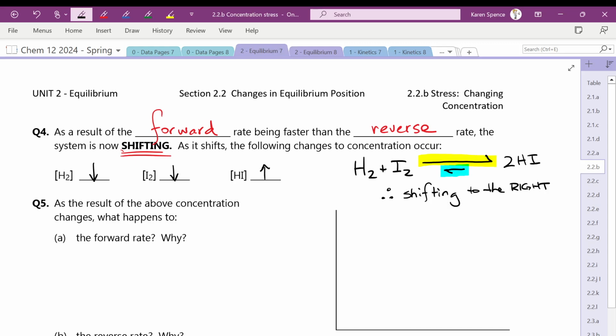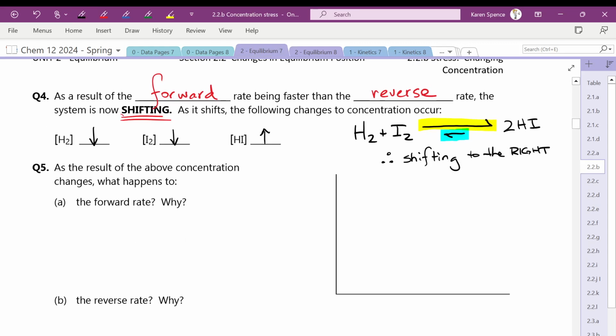Now, as the H2 goes down and the I2 goes down, what happens to the forward rate and why? Tell your partner.